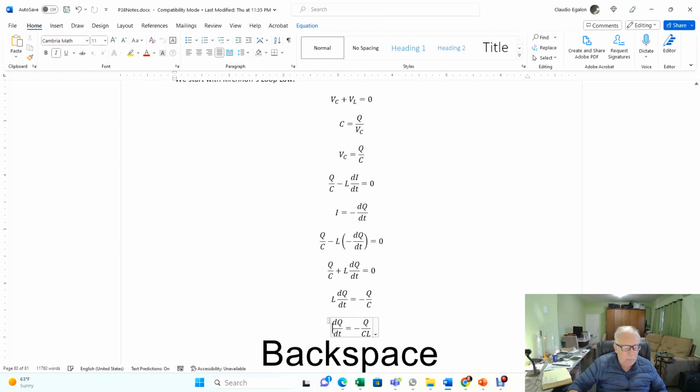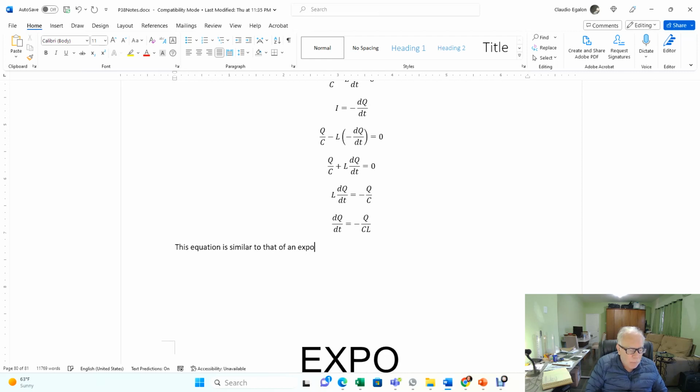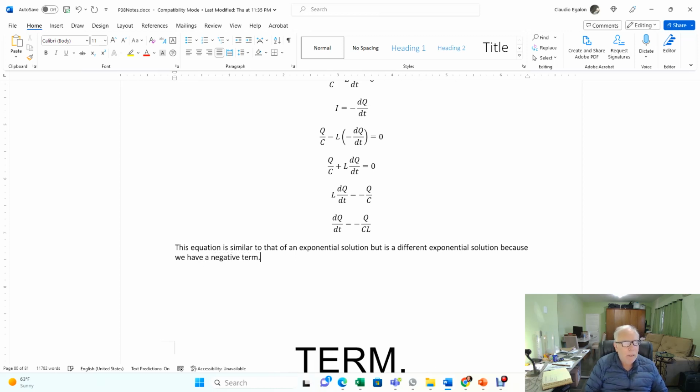So, okay, this equation is similar to that of an exponential solution, right? But it's a different exponential solution because we have a negative term, okay?